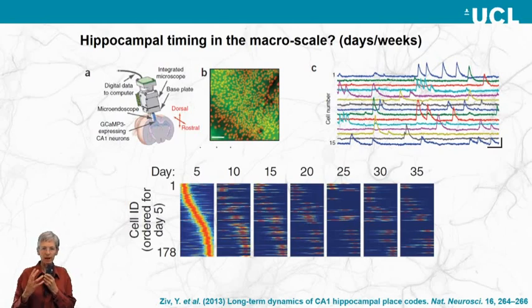But if they are in the same place but separated by a period of time, like a week later or 2 weeks later or a month later, then the population of place cells that are simultaneously active at the time of that event will be different. And the more different they are, the more time must have elapsed. So this could be a way of allowing the brain to compare the age of memories. We don't know if this is true. It's still speculative at this stage, but it certainly shows that there are processes in the hippocampus that are operating on this sort of macro time scale.